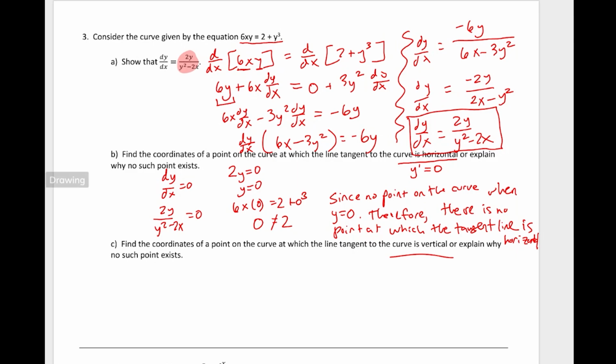So in order for that dy/dx to be undefined, and actually we don't want to say equals undefined because undefined is not really a number that it can equal, but in order for this to be true, the denominator of that fraction needs to be 0. So y squared minus 2x must be 0.